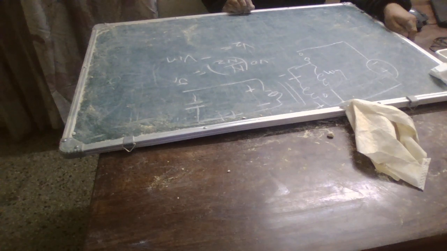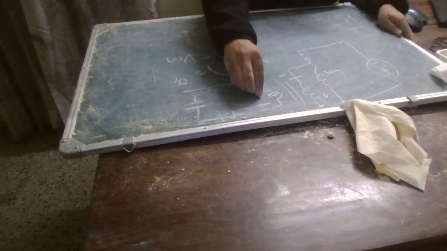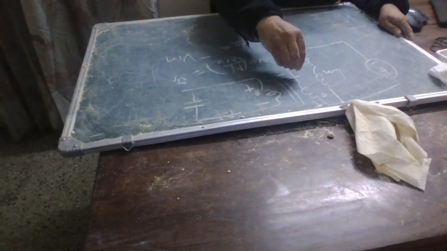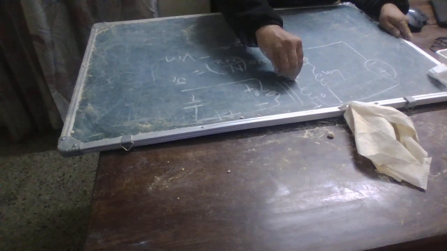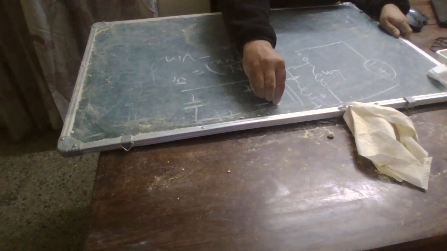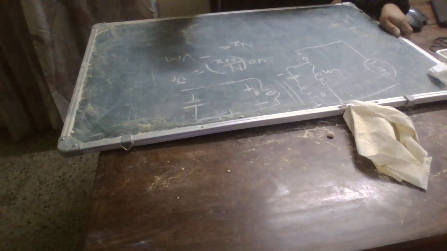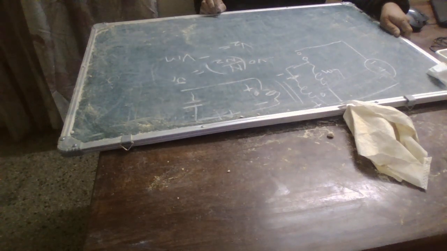The current enters through this undotted terminal and must exit through the undotted terminal of the secondary only. The diode current is going to be positive.